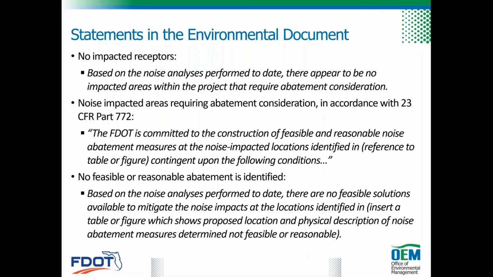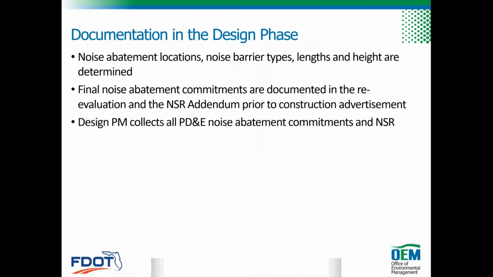The PD&E chapter includes the different statements that could be included, that should be included in the environmental document, depending upon each project, whether there are no impacted receptors, or no noise impacted areas require abatement considerations, or no feasible or reasonable abatement is identified.